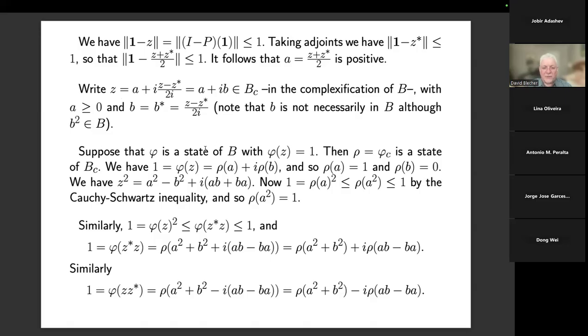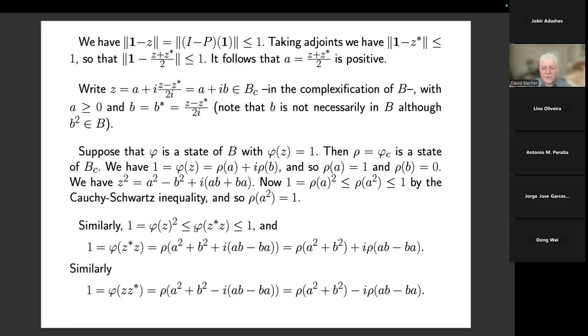And if you take a state phi of B with phi of Z equals 1, then its complexification is a state of the complexification. And then one could do some computations using the Cauchy-Schwarz inequality. I will just go very briefly through the rest of the slide.